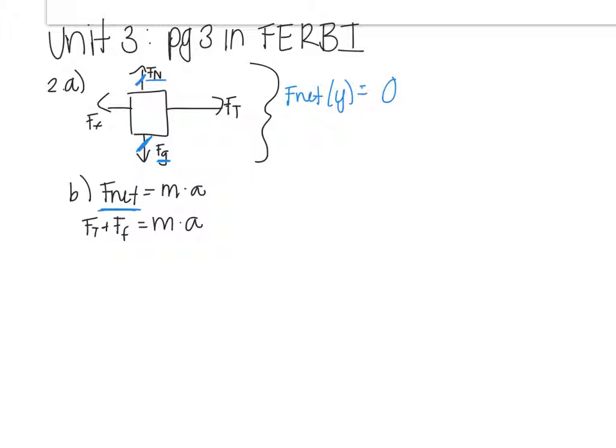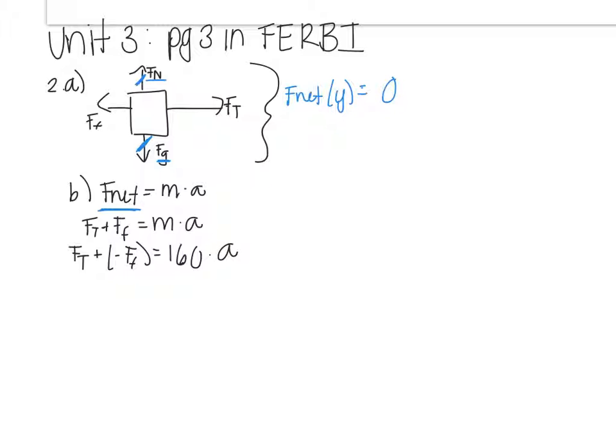So we know that F of T is going to the right, F of F is going to the left. So if we were to give these their directions, F of T will be positive, and then we'll have a negative F of F is equal to the mass. They tell me the mass is 160, and I'm solving for acceleration.